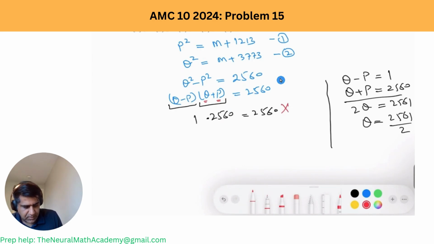In the next option, I can have 2 times 1280, which is also, as we know, equal to 2560.